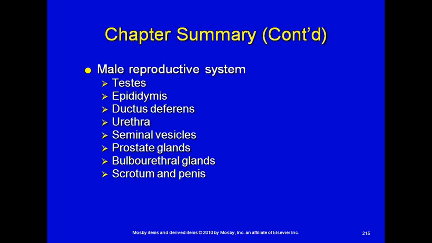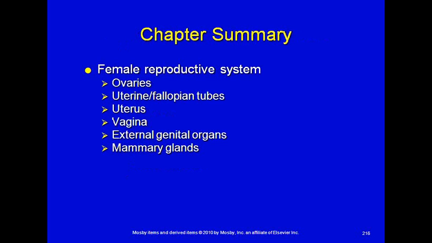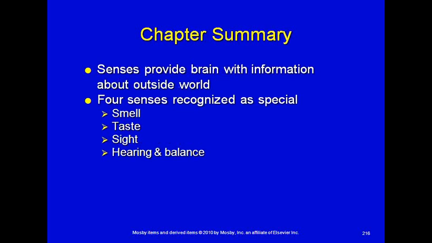We talked about the epididymis, the ductus deferens, the urethra, the seminal vesicles, the prostate gland, the bulbourethral glands, the scrotum, and the penis. We looked at the female reproductive system, talked about the ovaries and the uterine and fallopian tubes, the uterus and the vagina, and the external genital organs, as well as mammary glands, all part of the female reproductive system.